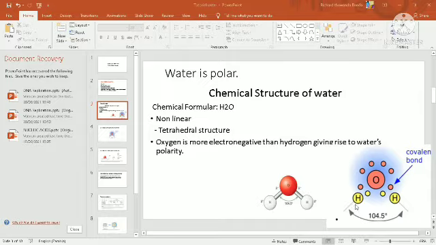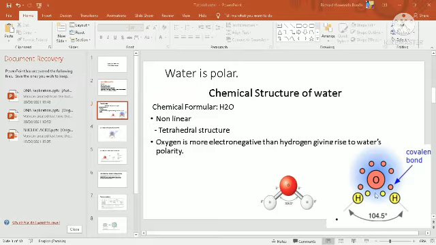If you can see in this diagram, the 6 electrons, the red dots shown in the diagram, 1, 2, 3, 4, 5, 6, belong to the oxygen atom. As we know, oxygen on the periodic table is in group 6, meaning it has 6 electrons in its outer shell. And in order to gain a stable outer shell, it will require 2 electrons, and this is where the covalent bonding comes in.